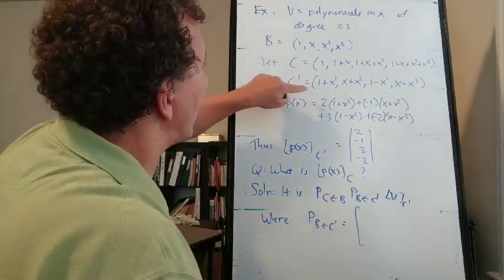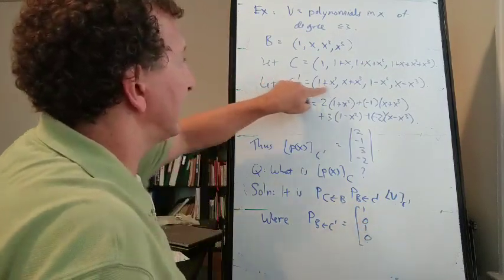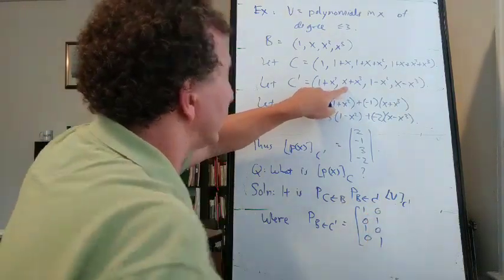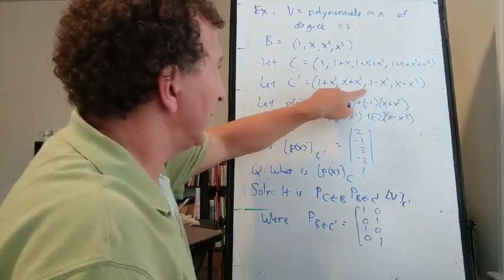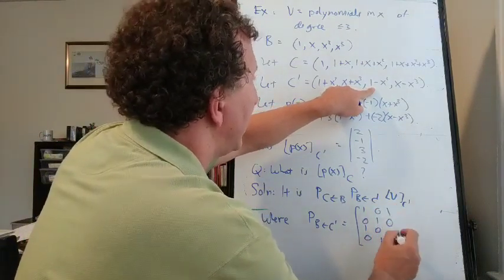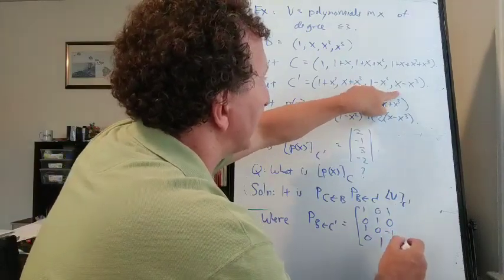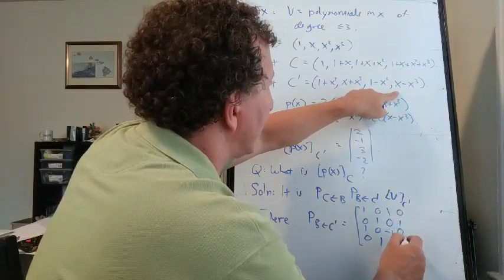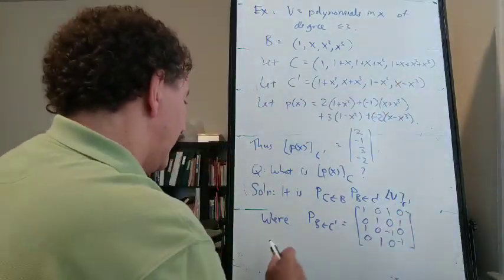So the first element has coordinates 1, 0, 1, 0. The next one has coordinates 0, 1, 0, 1, because this is 0 plus 1x plus 0x squared plus 1x cubed. And then this coordinate vector is 1 plus 0x minus 1x squared plus 0x cubed. And then this coordinate vector is 0 plus 1x plus 0x squared minus 1x cubed.